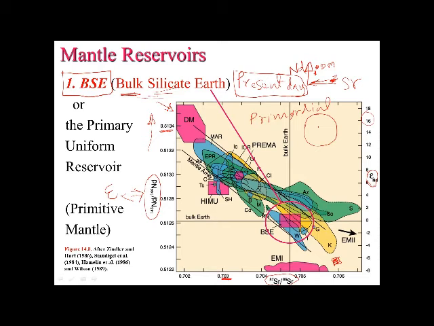What was the separation of the first layer? What was the first separation? Yes, the core was formed. So that is the first differentiation. So what do we have in the core?